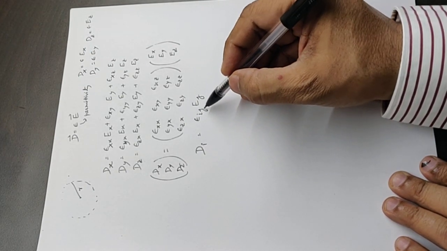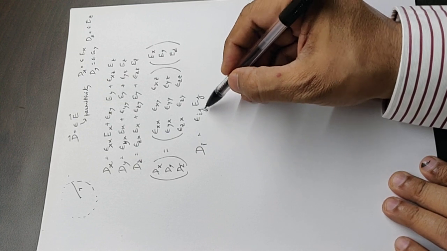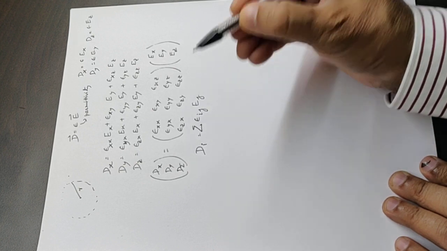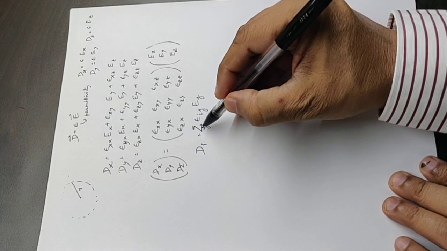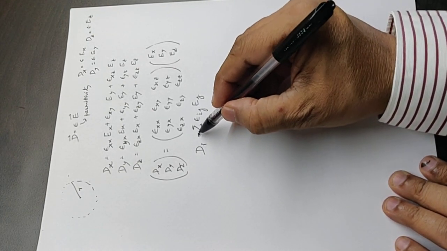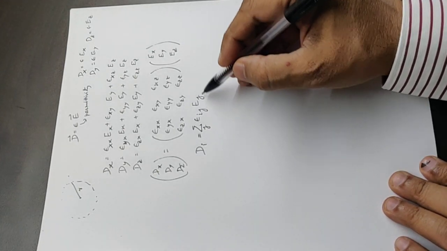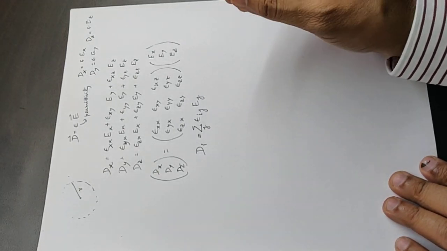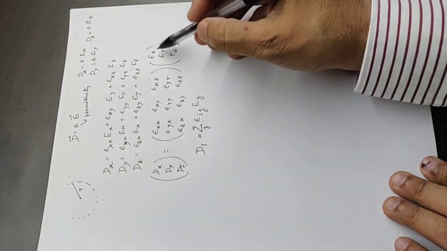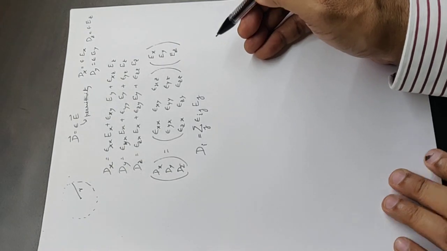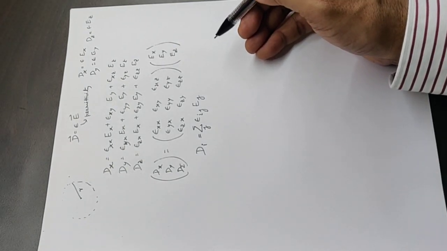In this tensor form, an index coming twice basically means that it is a summation over j, whether you explicitly give the summation notation or not. So the three equations combined can be written in this simple form in the form of a tensor.